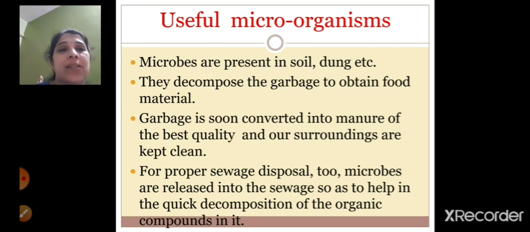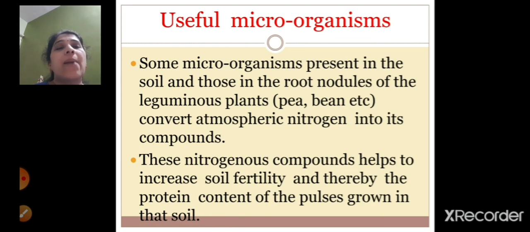Now some microorganisms are present in the soil, and those in the root nodules of the leguminous plants, that is pea, bean, etc., convert the atmospheric nitrogen into its compounds. So children, in chapter 4, that is nutrition in living organisms, we had seen that gaseous nitrogen is there in the atmosphere, which the plants cannot take directly.